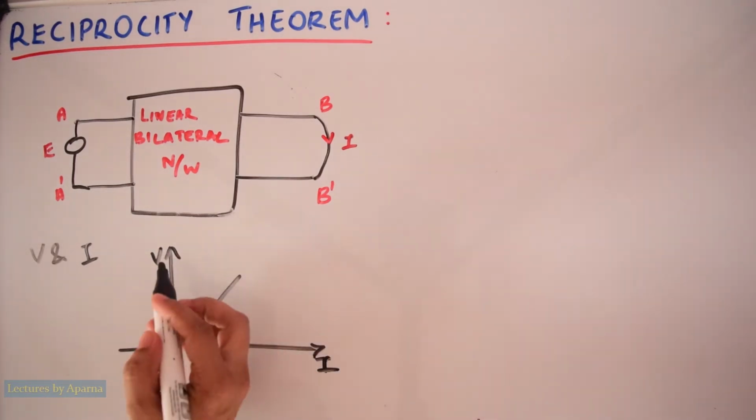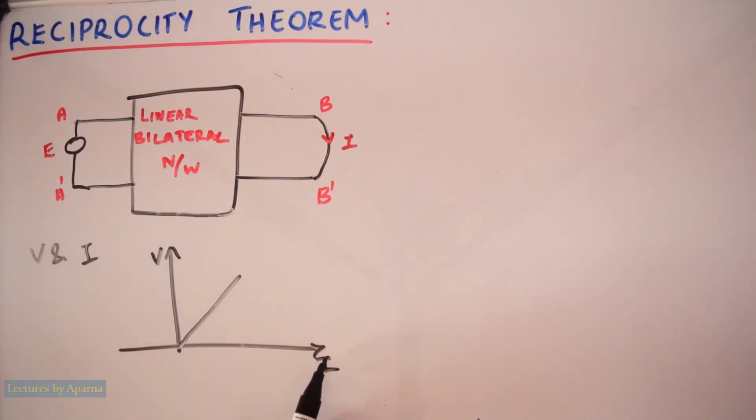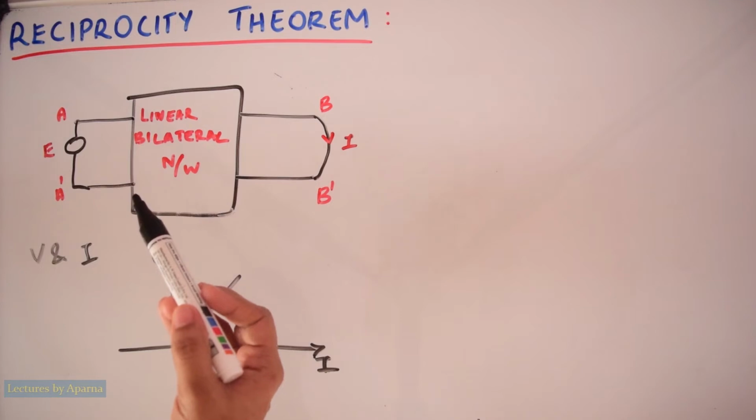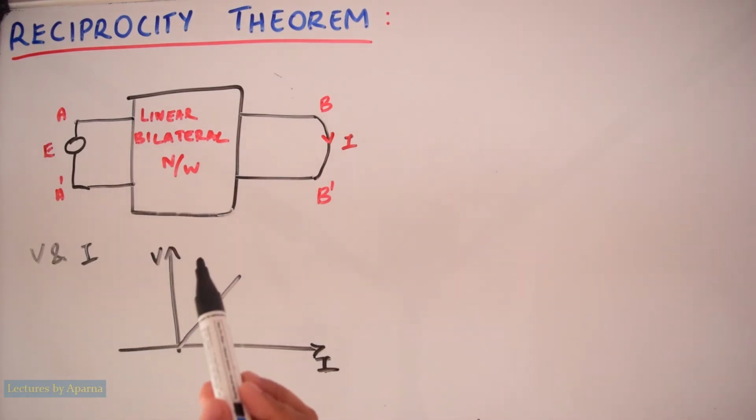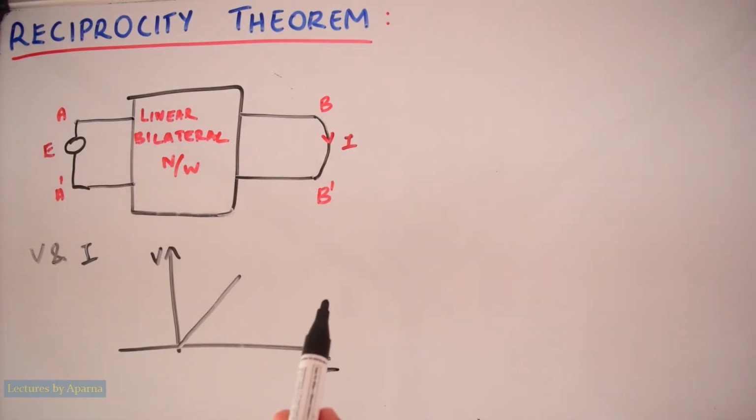If the voltage is in this axis and the current is in this axis, the relation between them will be a straight line that is passing through the origin. Whereas bilateral network means that it is a network that allows current flow in both directions.